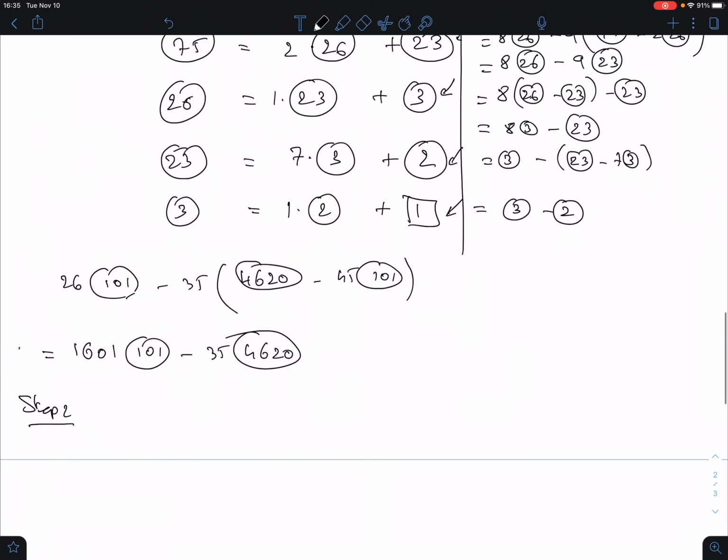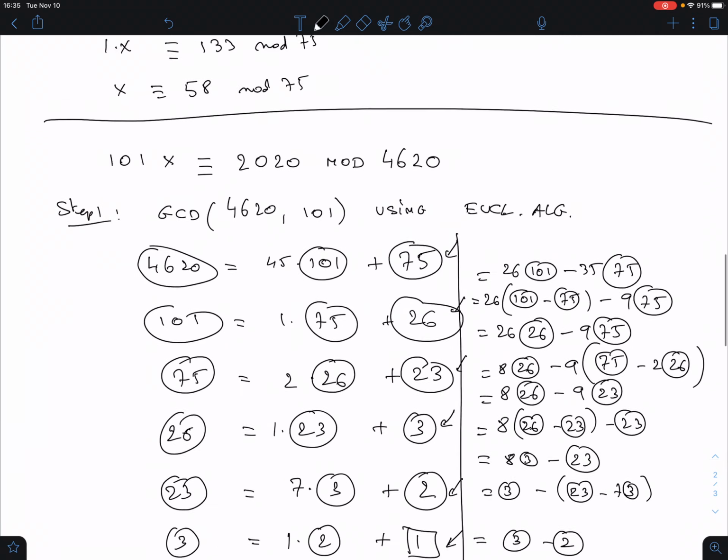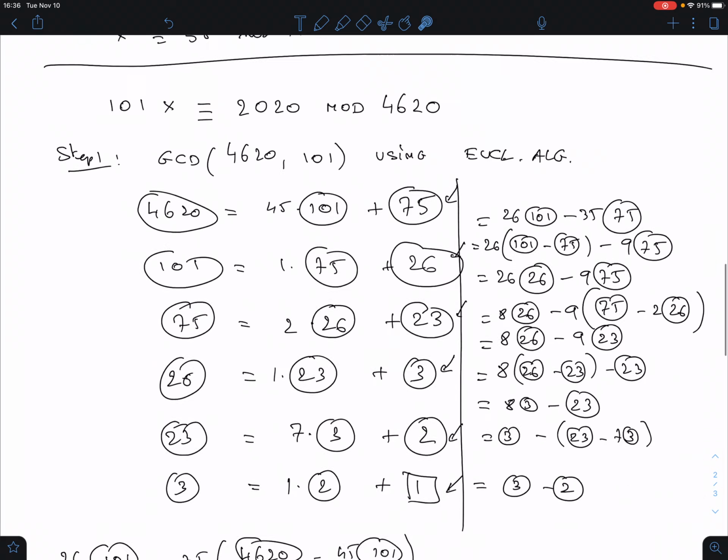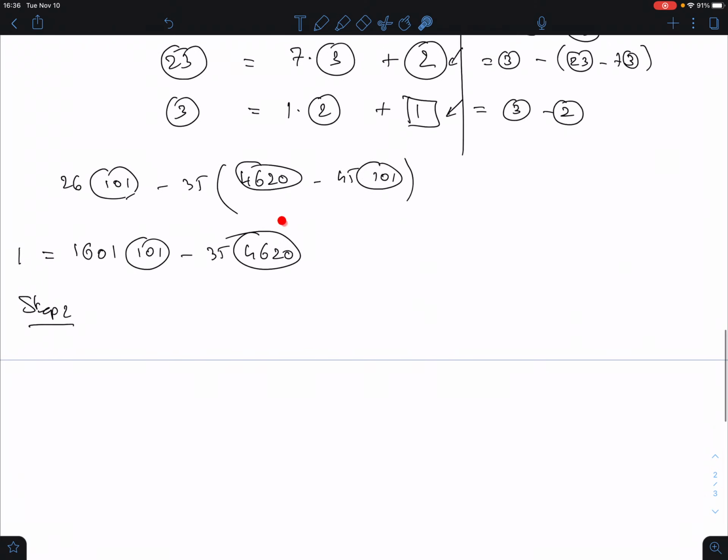Okay. Step 2. What do we do now? So remember, this is just a form of 1. You can verify it, but let's trust ourselves that we did it right, especially because I'm actually also looking at what the book says, and it's exactly the same answer that I have. What do we do with this thing? Now remember, we're working modulo 4620. That means that any multiple of 4620, this is a multiple of 4620.